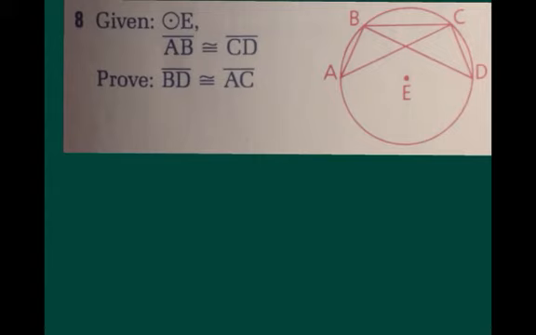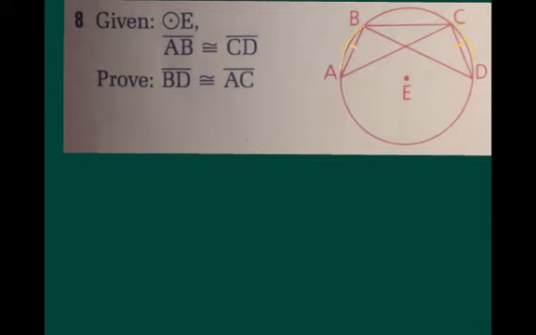Number 8 on page 455 causes trouble every year, and they want us to prove that the chord BD is congruent to chord AC. The trick is going to be to prove that the arcs are congruent. So since I'm given that chord AB is congruent to chord CD, that must mean that arc AB is congruent to arc CD.